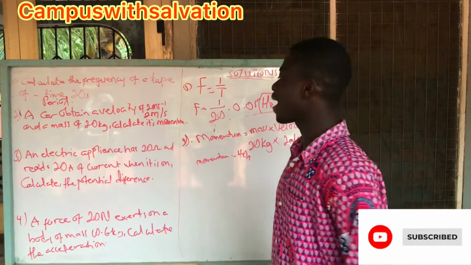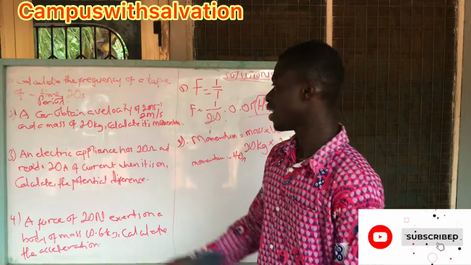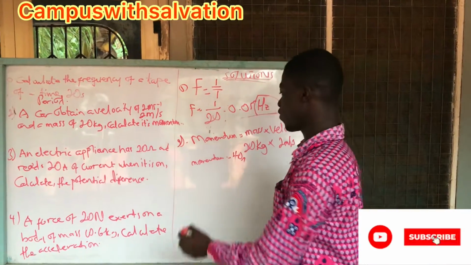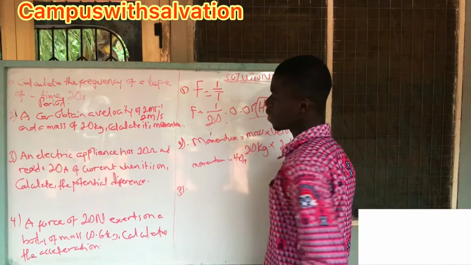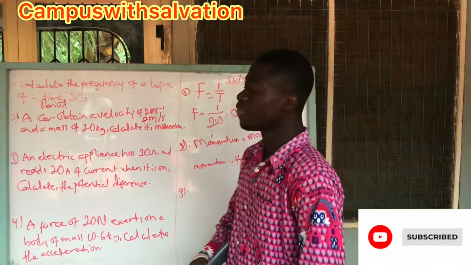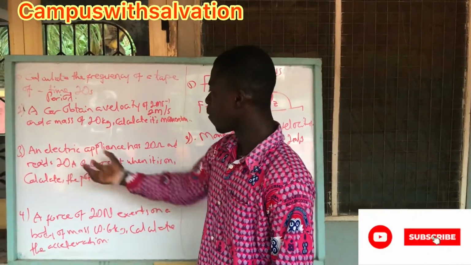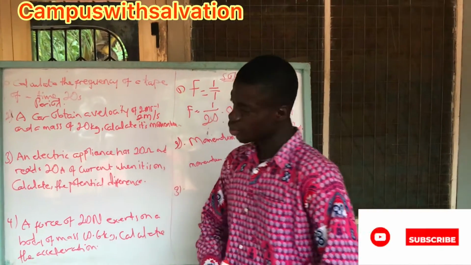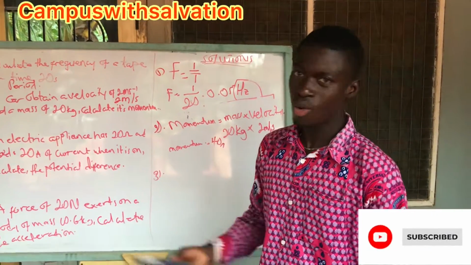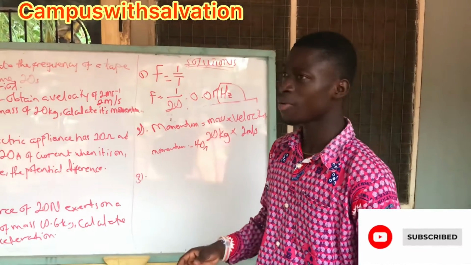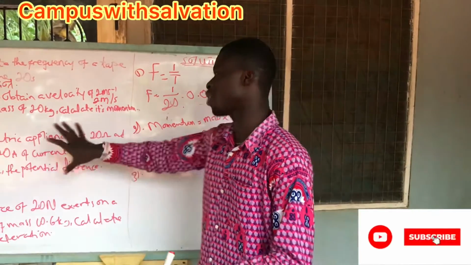An electric appliance. Let's look at this question very carefully. It's about electricity. You can even use Ohm's law to generate the formula for solving this question. So just watch it carefully and know how to solve it, because this type of question is very important. And this question is a past question.